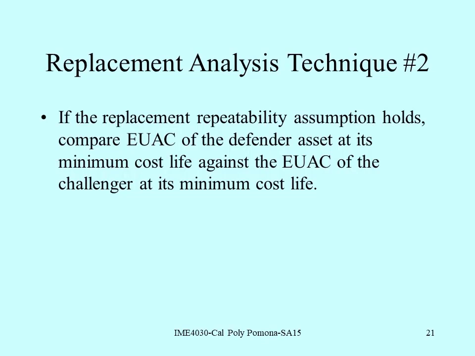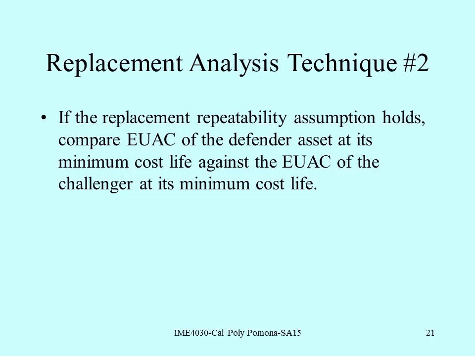The assumption of repeatability makes sense here because we're looking as far ahead into the future as we want. So we're just basically making a decision based on minimum EUAC. You find the lowest point in both curves for the Defender and the Challenger, and that's what you're comparing.